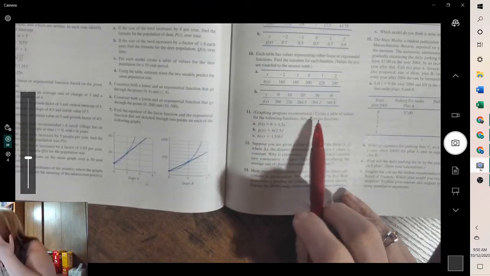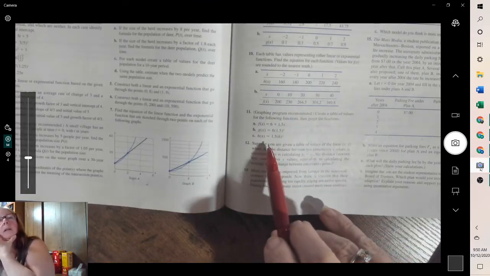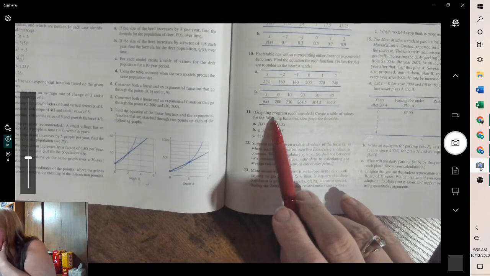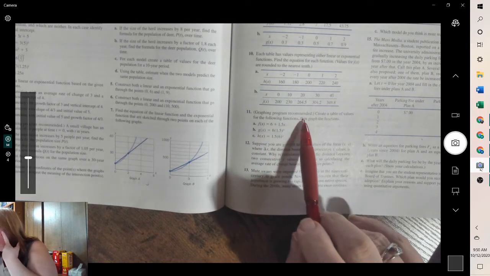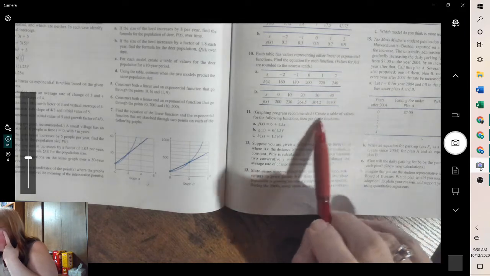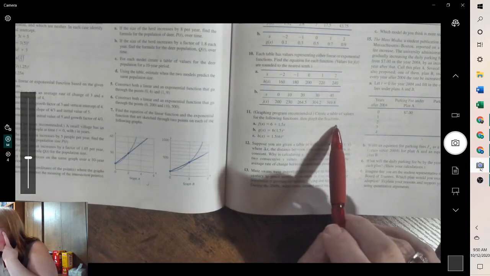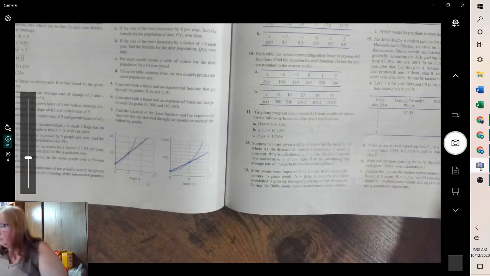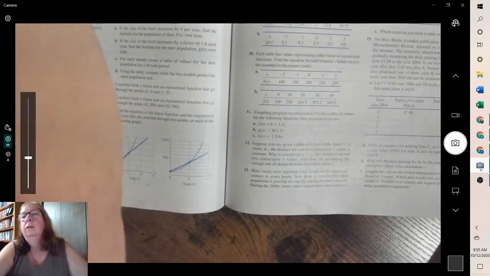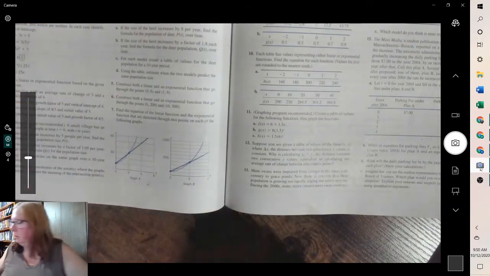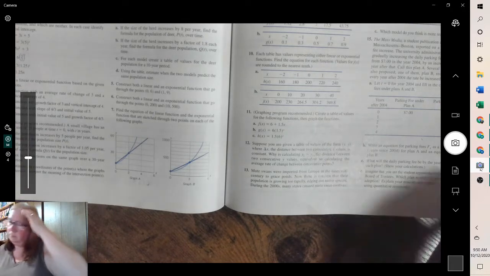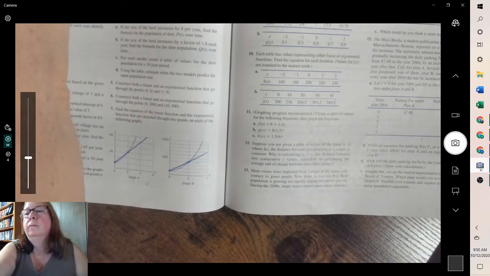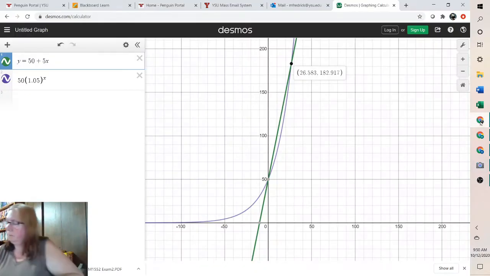Number 11 says to graph programmably if it's recommended. Create a table of values of the following functions, then graph them. So if we graph these, go ahead and write them down. Okay.